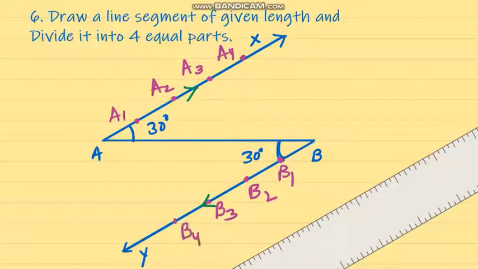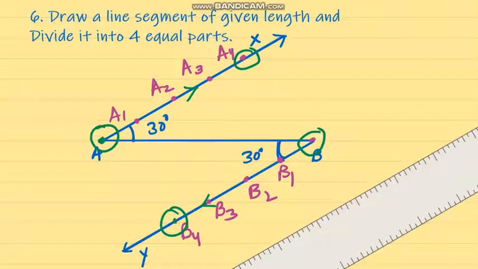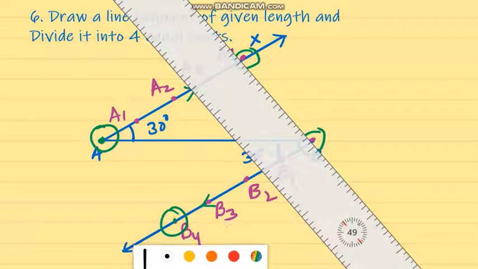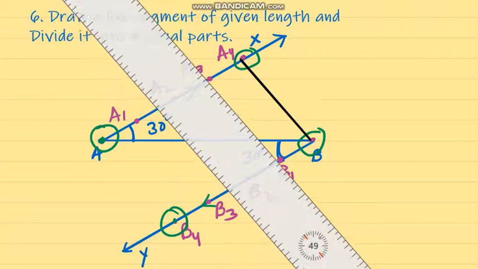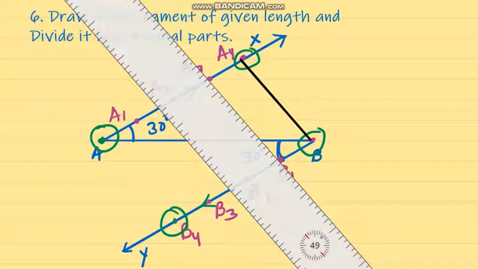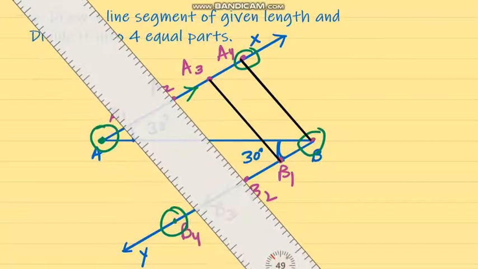Now after getting this, what you will do? You will simply join the points. See, from A to B4. Join B to A4. See, B to A4. Then B1 to A3. Then B2 to A2.